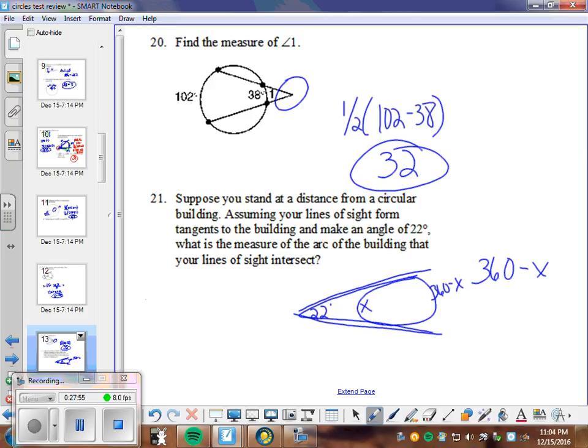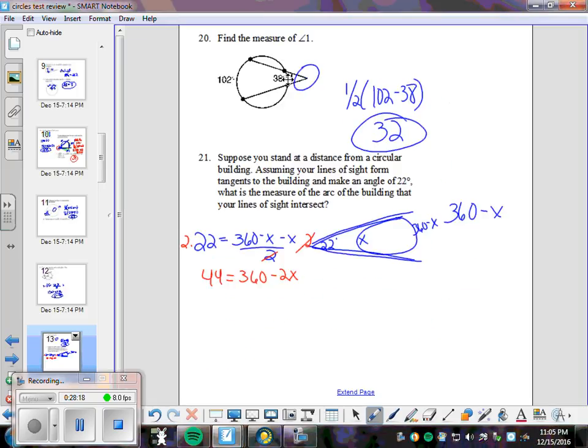So you've got 22 equals 360 minus x, divided by 2. So this is where you'll multiply by 2 to get rid of this. So you get 44 equals 360 minus 2x.